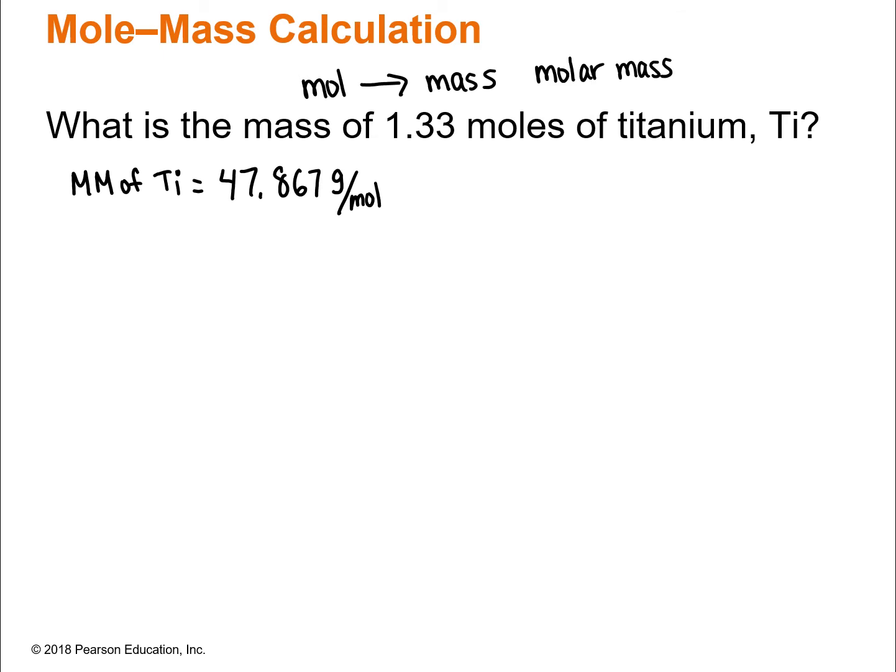We can actually write this as unit factors. We've got 47.867 grams of titanium and 1 mole of titanium.